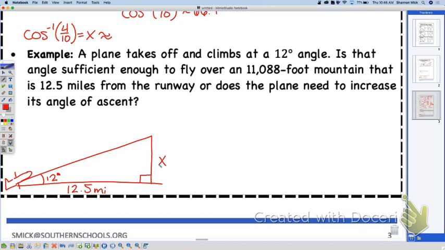So what function am I in? Tangent. So I have the tangent of 12 equals the opposite over the adjacent. So I need to solve just for x, don't I? Well, x divided by 12.5, how do I undo division? Times, so I'm going to times by 12.5 on both sides, right?